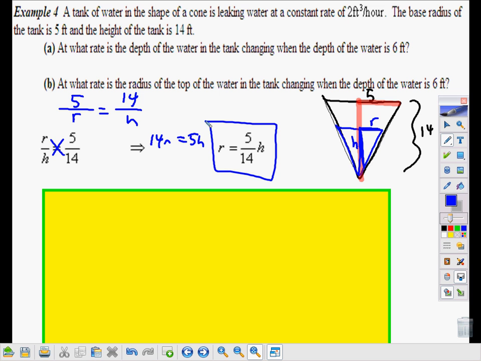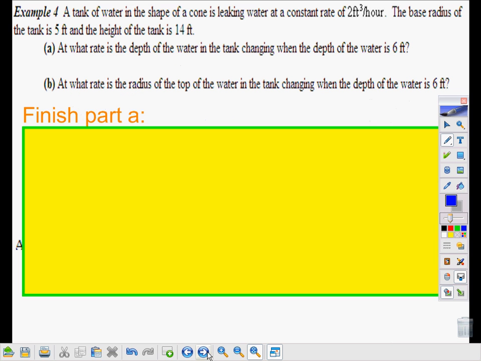What do you want in your problem, h's or r's? Why do you want h's? Because h is given and that's what it's asking for. It's asking for h prime. Don't get rid of the h's because you won't have h prime. That's the tricky part of that question.